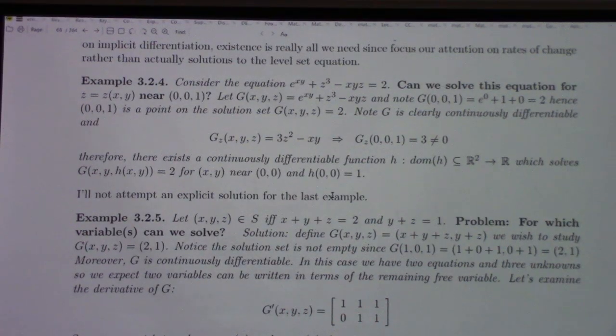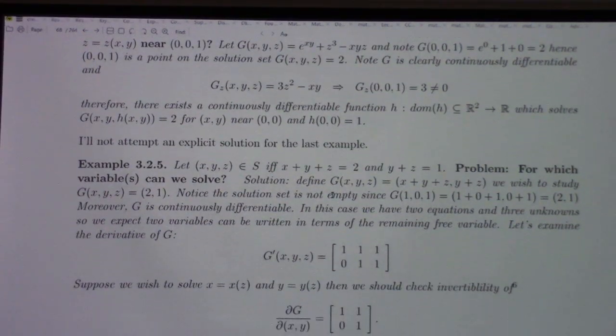All right, so if I wanted to solve for x as a function of z and y as a function of z, I would need the xy part of this matrix to be invertible. Is this 2 by 2 matrix invertible? Well, yeah, it is, because these columns are not linear multiples of each other. For two vectors to be linearly dependent, you'd need them to be the same.